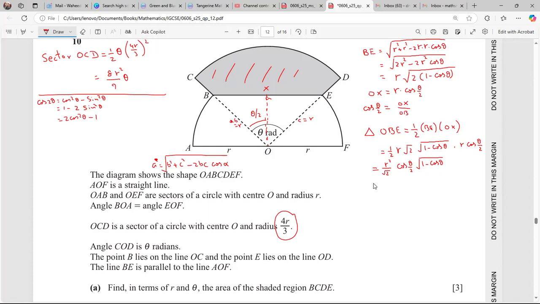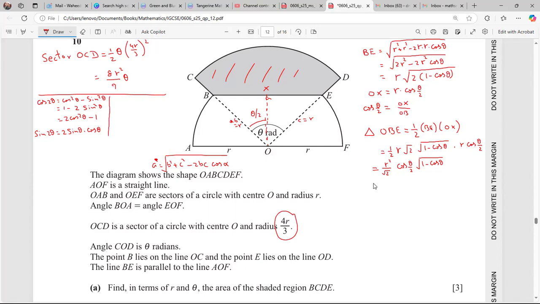So cos 2 theta has these three relationships. And by the way, what was sine 2 theta? Sine 2 theta was equal to 2 sine theta into cos theta. This formula you should know by heart all the time.